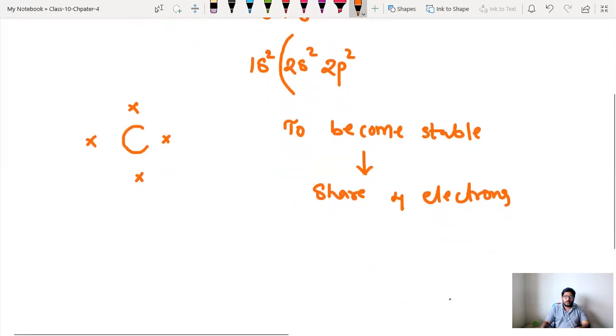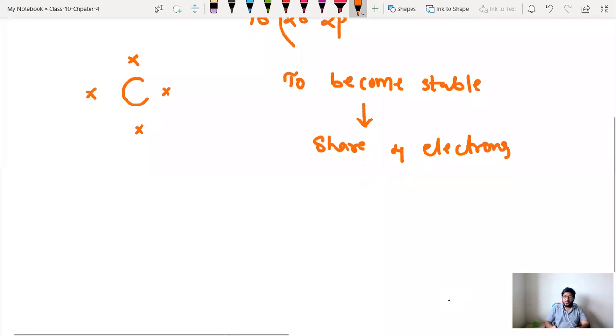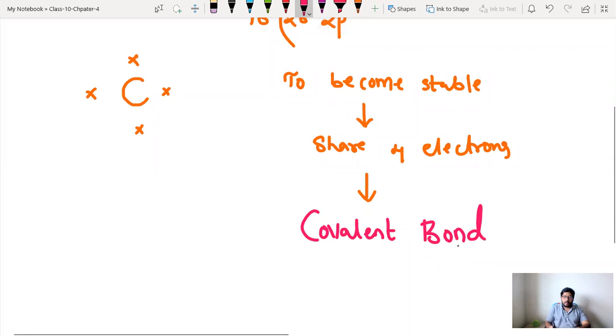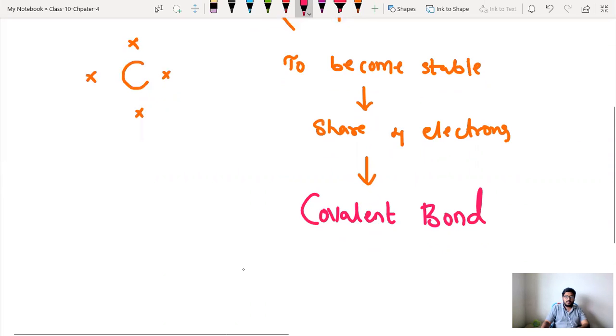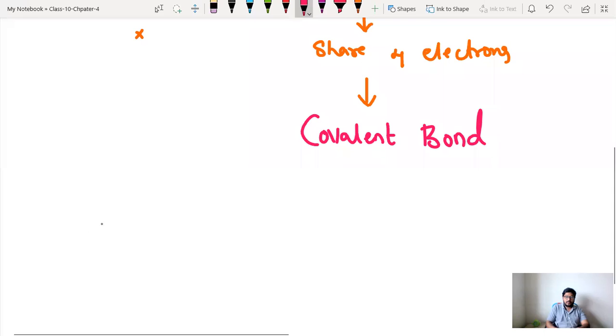So to become stable, it will share, and that bond is known as a covalent bond. A covalent bond is nothing but bonding between two elements or two atoms by means of sharing of electrons.